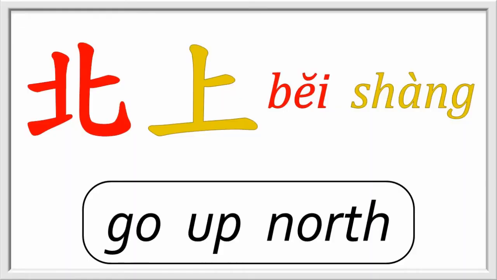In some expressions, it also symbolizes defeat because you are running from battle with your back to the enemy. And in opposition to nan xia, to head down south, is the expression bei shang, meaning to go up north in the country you reside. The final character in today's lesson means the center or middle.